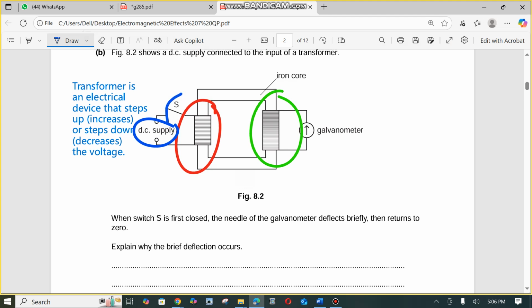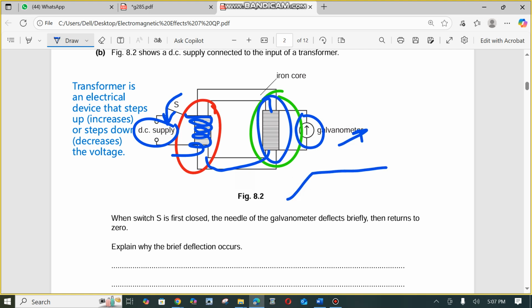So when the switch is closed, the current through the coil passes and increases, causing a change in magnetic field, which causes a change in magnetic flux through the secondary and causes the galvanometer to deflect. But because it just rises and becomes stable in a very instant moment, it returns back to its zero position, because the change in current stops happening, so the change in magnetic field stops happening, and there is no EMF induced then in the secondary. Does that make sense?